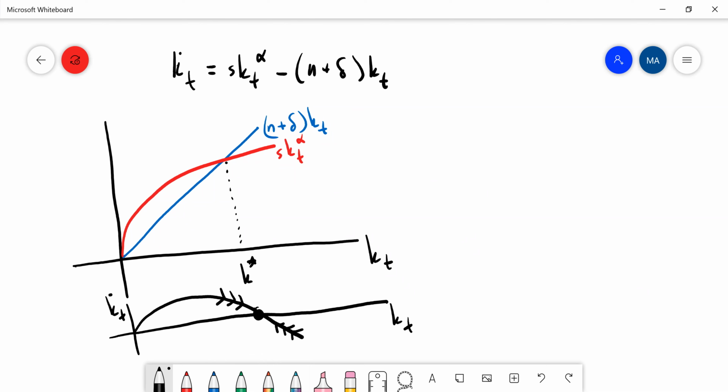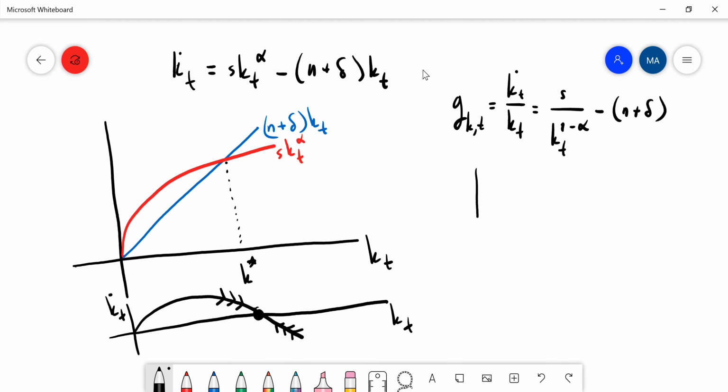Now the growth rate, again, now it is the growth rate of capital stock per worker, right? So how do I write that? Well, by definition, it's equal to that. So if I divide this, what do I have? Well, I have s k_t^(alpha-1) minus (n plus delta).